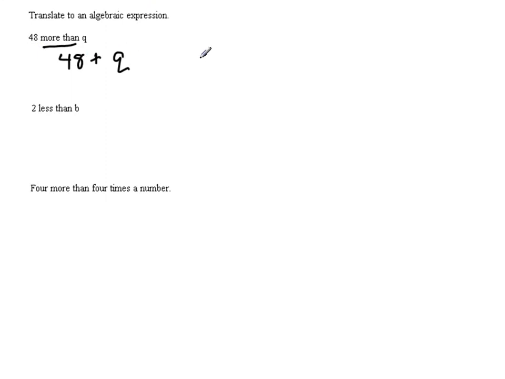We usually like to see the variables first and the constants last, and we'll talk more about this in chapter 12 when we talk about descending order. So 48 more than Q: we take whatever Q is and add 48 to it, and that is our solution.